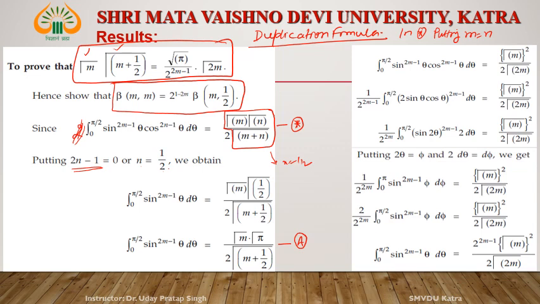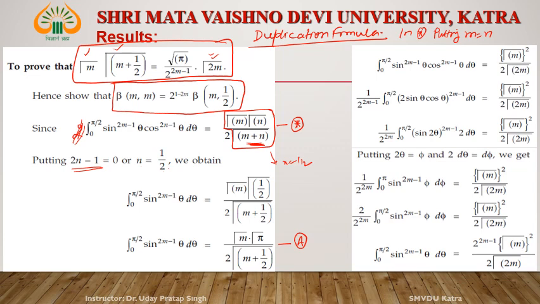Since this term is gamma 2m, how will gamma 2m appear? Only if m and n are equal. So putting m equal to n, the integral from 0 to pi by 2 of sine to the power 2m minus 1 theta cos to the power 2m minus 1 theta d theta equals gamma m square divided by 2 times gamma 2m.